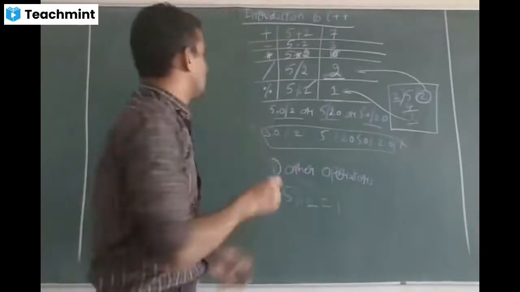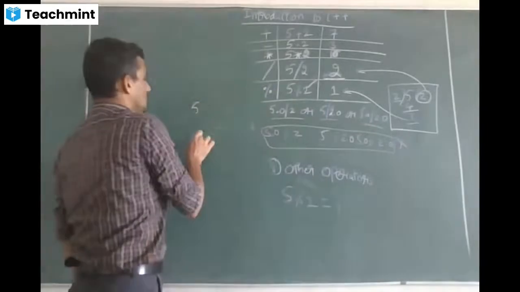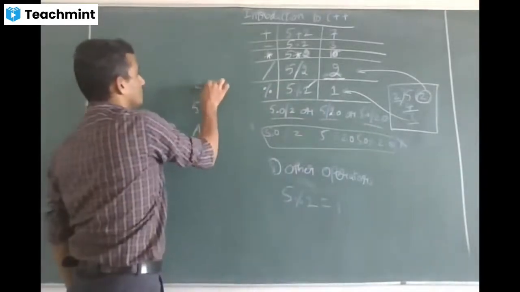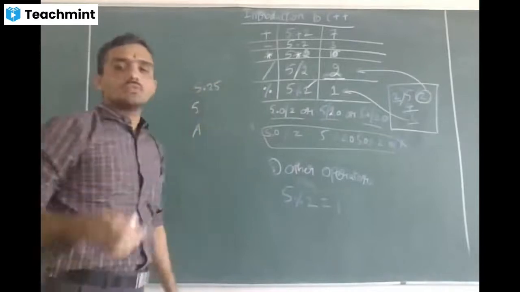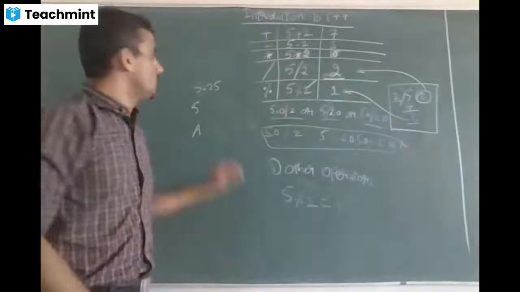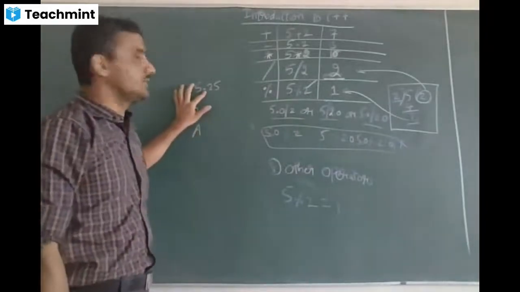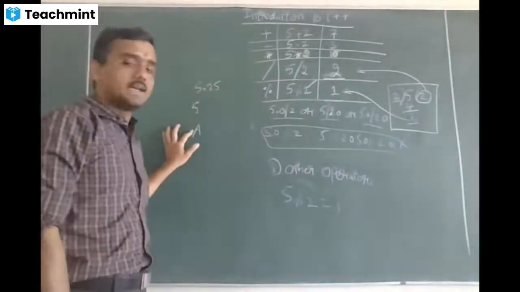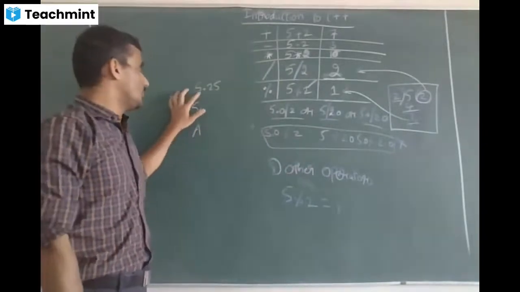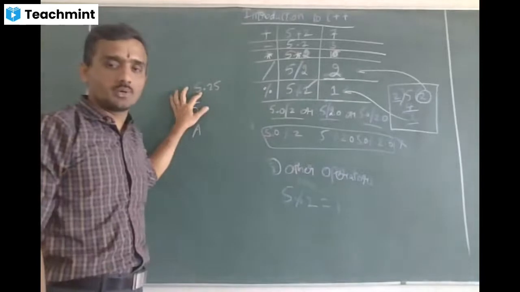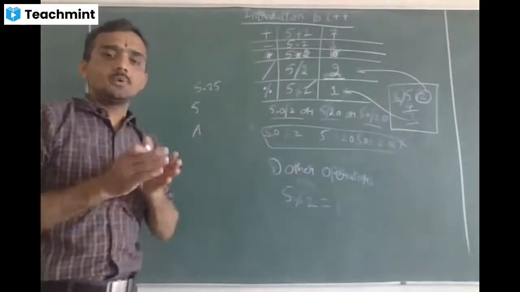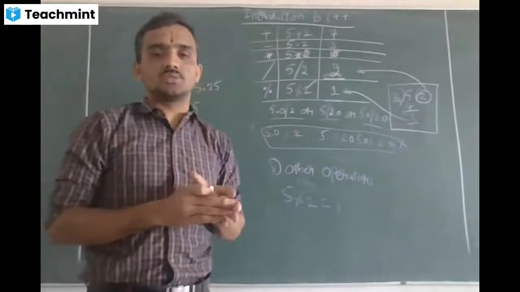For example, if you type 5 from the keyboard, or the letter A, or 5.25, the computer should know the type of that number. 5 is an integer, 5.25 is a floating point number, and A is a letter which we can put in a character. Understood? So in this way, the computer will differentiate between the values when you type.